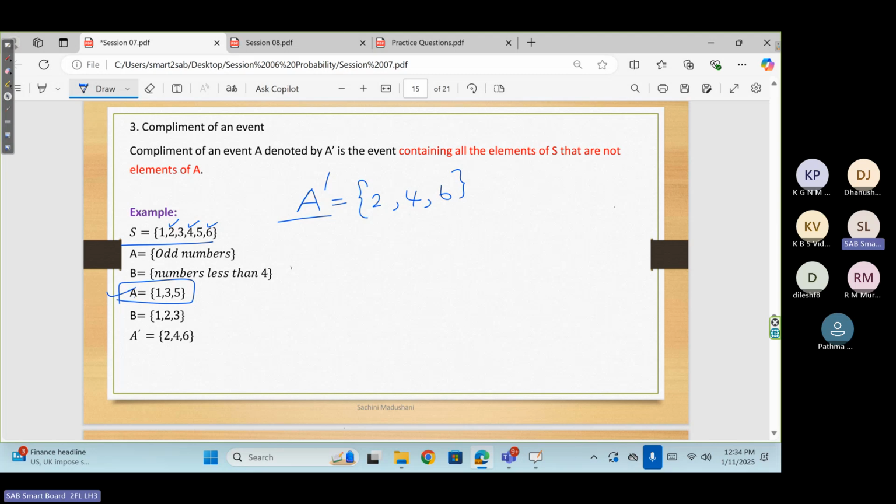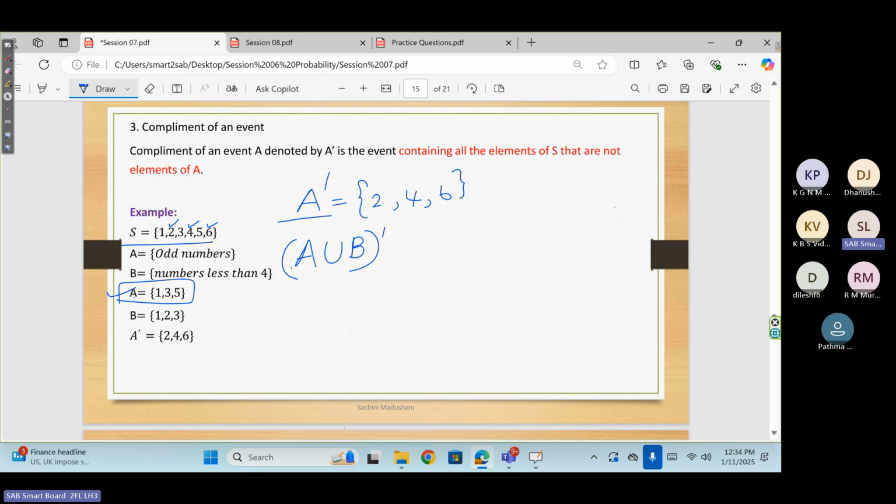It's clear? Okay. Then tell me how we write it. What is this? Complement of A union B. It means these elements should be in the sample space, but not in the union.